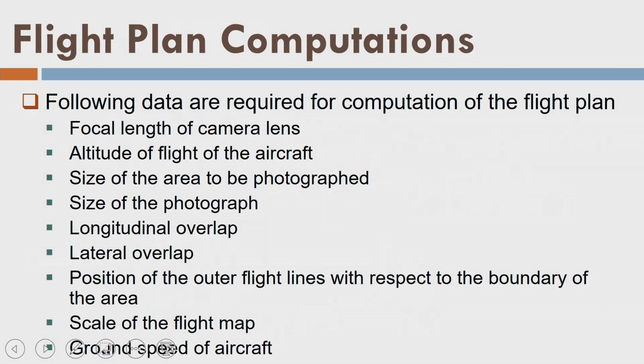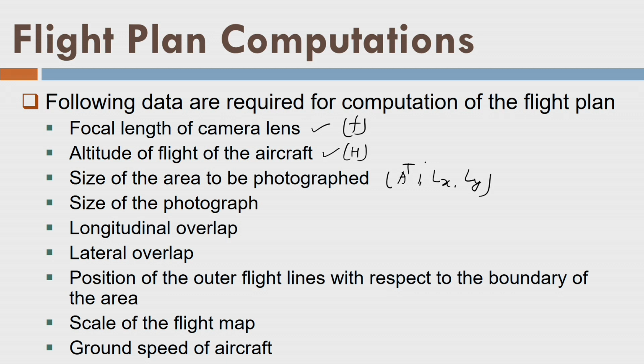Fine. Now, I want to do the flight planning, and for that I need to have some kind of computations. So, there I need to have some kind of idea because we want to calculate the scale. So, I need to have focal length, I need to have h, the size of the area, which we call area total, or it could be like Lx and Ly.